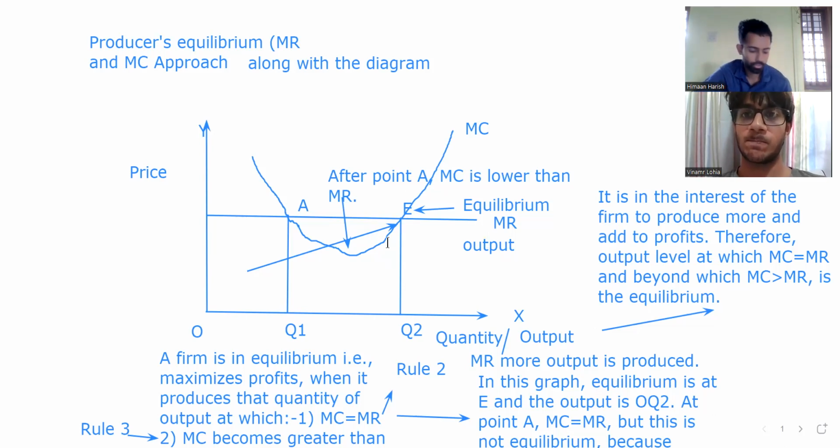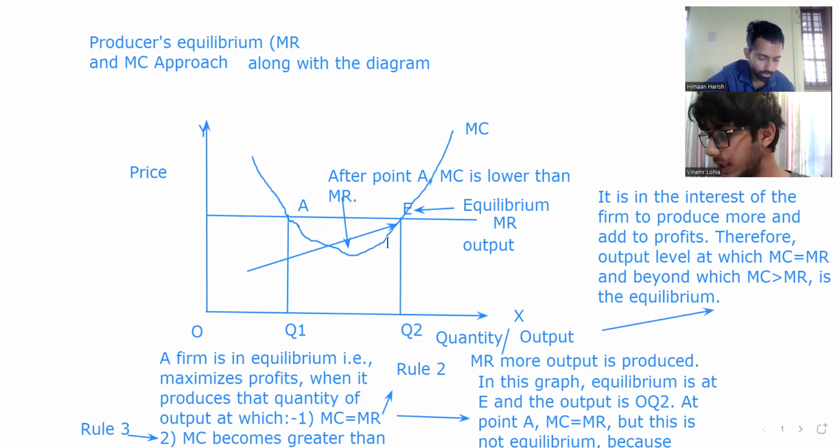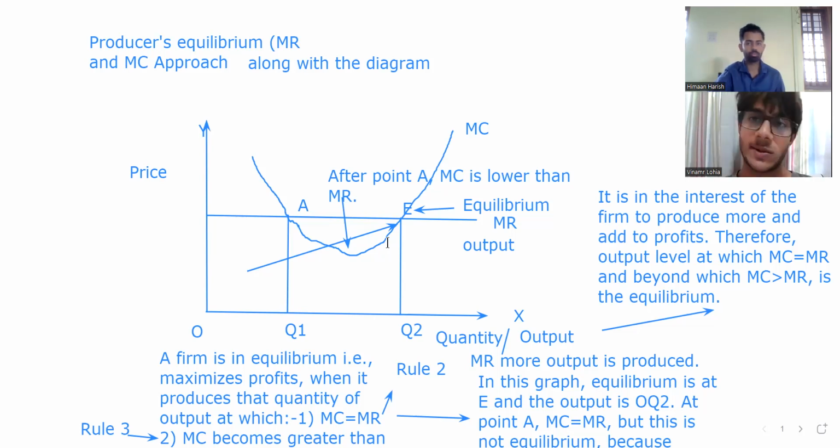It's not depicted in the graph here. They haven't shown AR or average variable cost at all. But just read through rule 1 because it's important. If in the exam they ask us a theory question, it will be easier to answer.